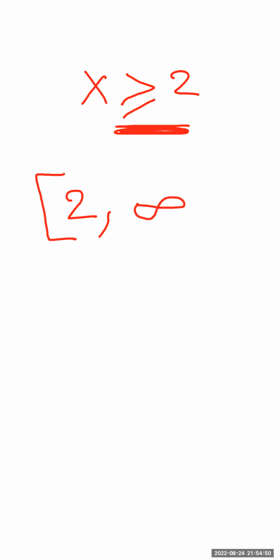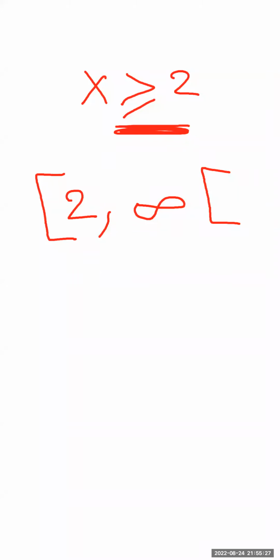And by default, because we don't know exactly where that infinity is, it will be open. So infinity, even if it's positive or negative, will be opened from the side of positive or negative infinity. Okay?